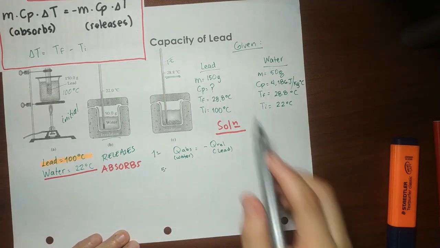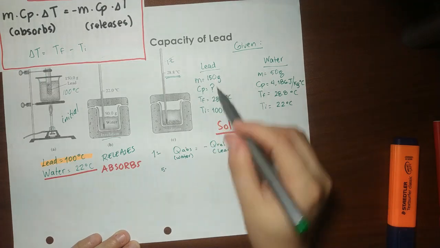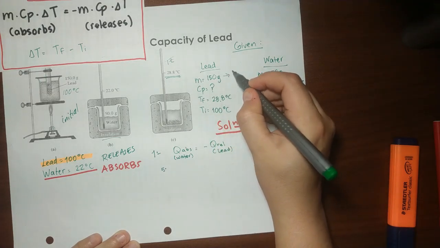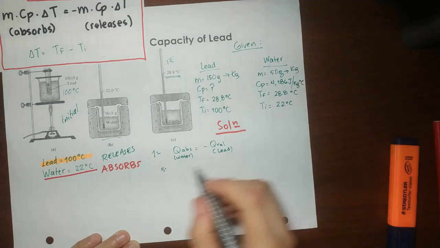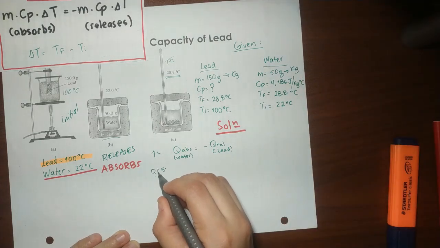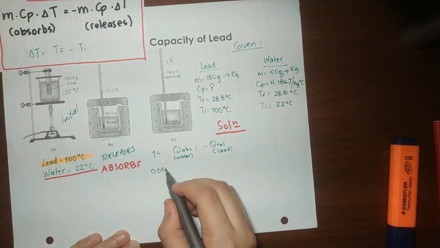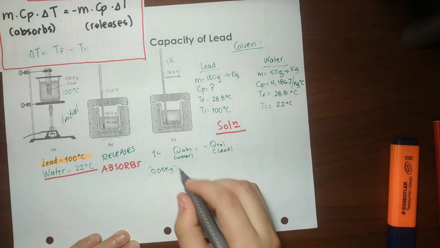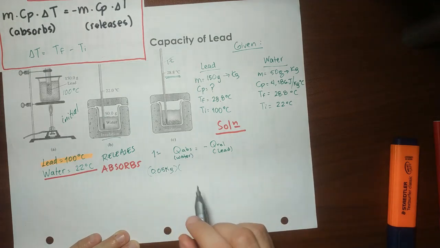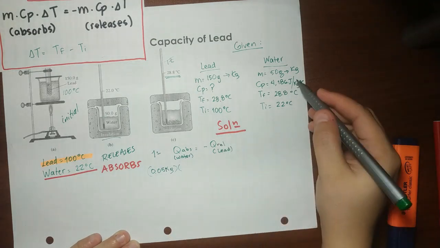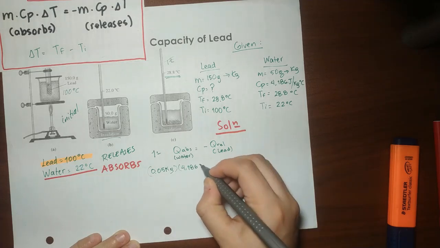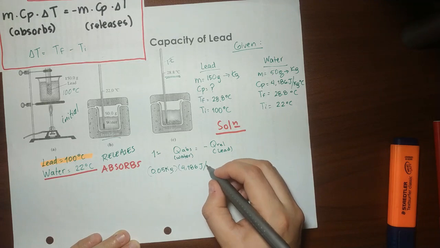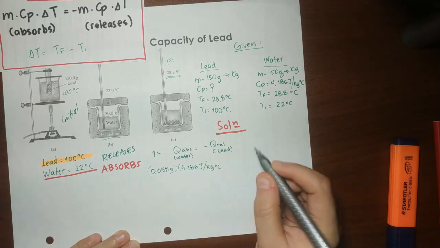Sorry, I forgot. I said that we had to convert from grams to kilograms, so we need to divide by 1,000. So this will be 0.05 kilogram times the specific heat capacity of water, that is 4,186 joules over kilogram Celsius.